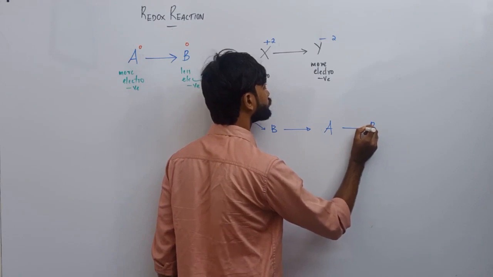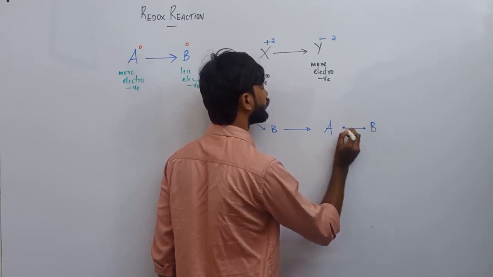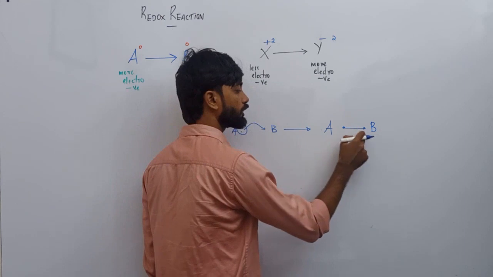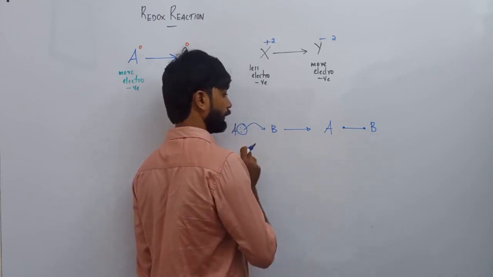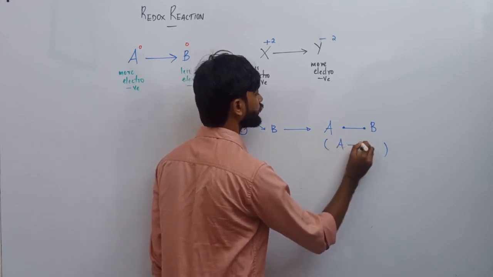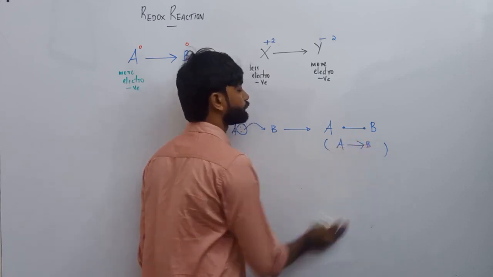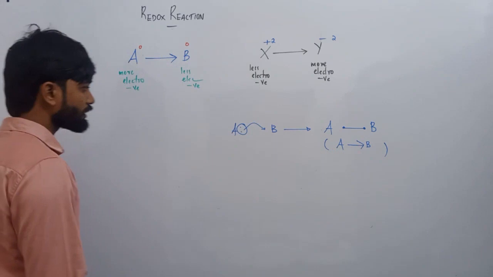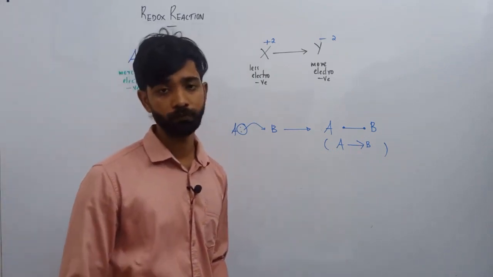These two electrons are from your A, so it is simply represented like this, right? So this is a coordinate bond.